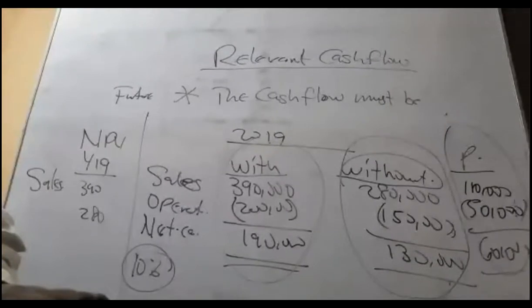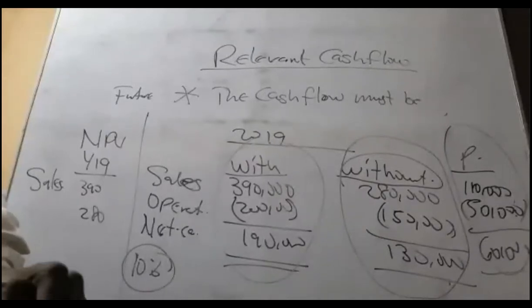So anytime the examiner asks you, should they go ahead and accept the project even though the NPV is negative, on what basis or what factors can the company accept this project even though it's negative? Then the examiner is asking you to bring the qualitative, because the NPV looks at the quantitative. So now bring the qualitative out.